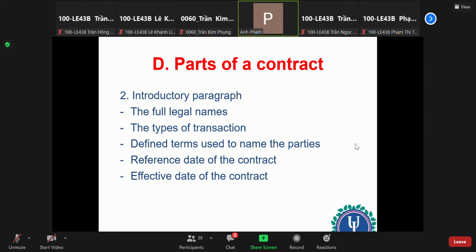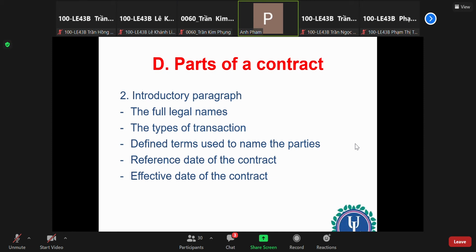For example, if it is an enterprise, you need to specify the name of the company, the name of the enterprise. That name is included in the ERC, I mean the Enterprise Registration Certificate.